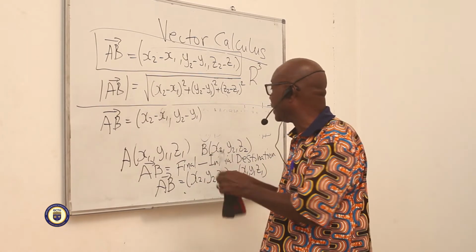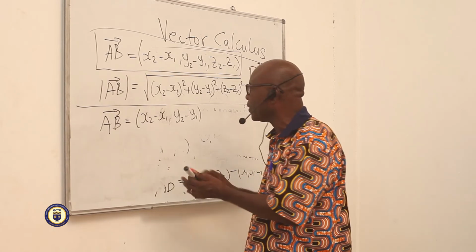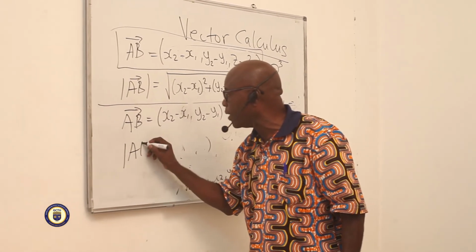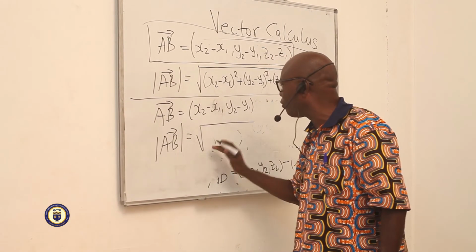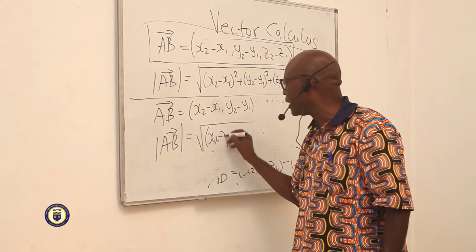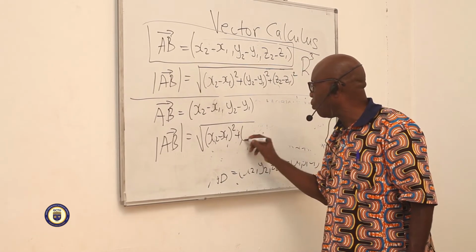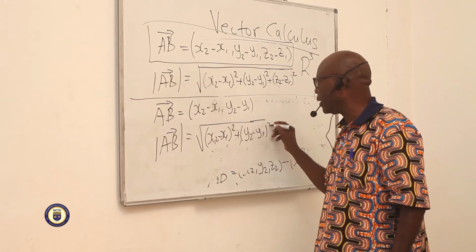So in such a case, finding the magnitude of vector AB on a plane, its magnitude AB is given as the square root of x2 minus x1 all squared plus y2 minus y1 all squared.